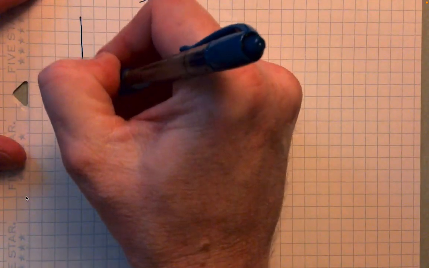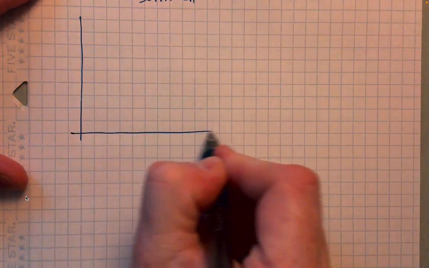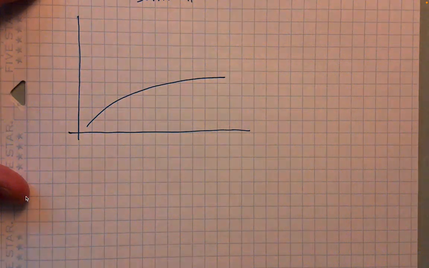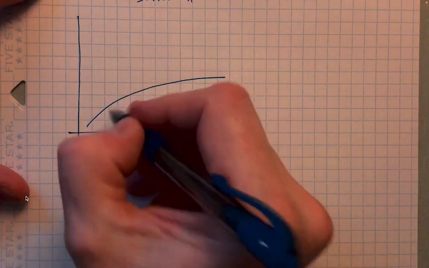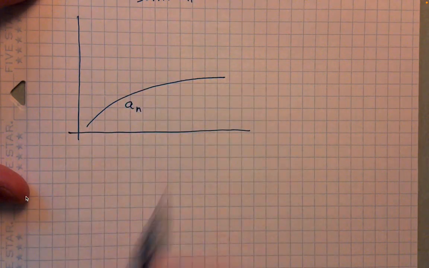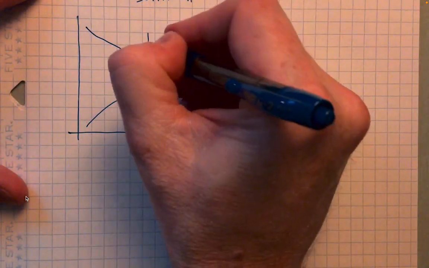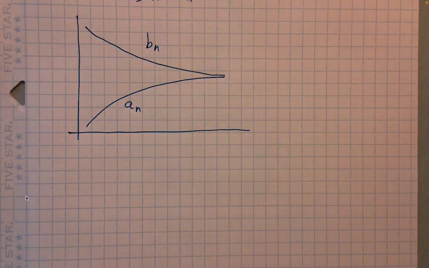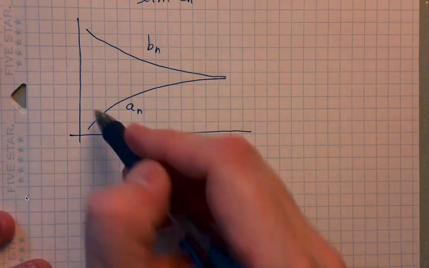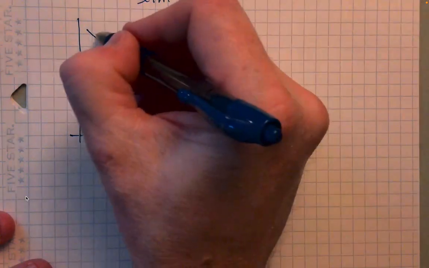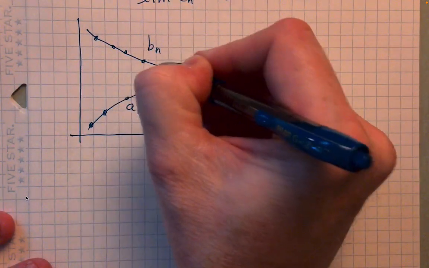Hopefully this is clear, but let's draw a picture first. Let's draw a nice picture of what this looks like. Okay, so let's say I have my a of n sequence here, and let's say also I have my b of n sequence, right? They kind of look like this. Now I've just drawn this as a line, but remember these are just discrete points because these are sequences, right?